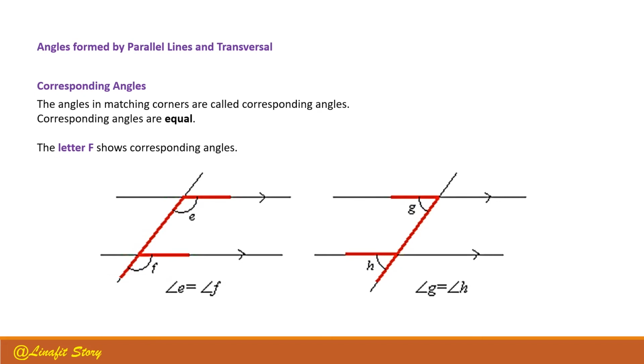Corresponding angles. The angles in matching corners are called corresponding angles. Corresponding angles are equal. The letter F shows corresponding angles.